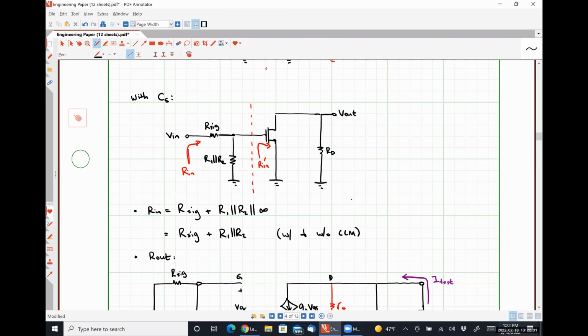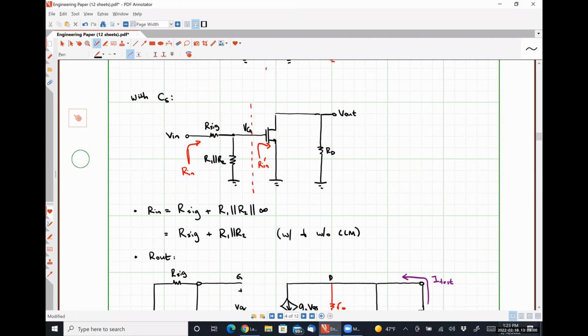Everything to the left of the dashed red line is a voltage division stage. Okay. So if we call this voltage VG, the small signal gate voltage, I guess that technically should be a lowercase g, but I'm too lazy to write it right now. Do we know what the relationship between VG and V out is?